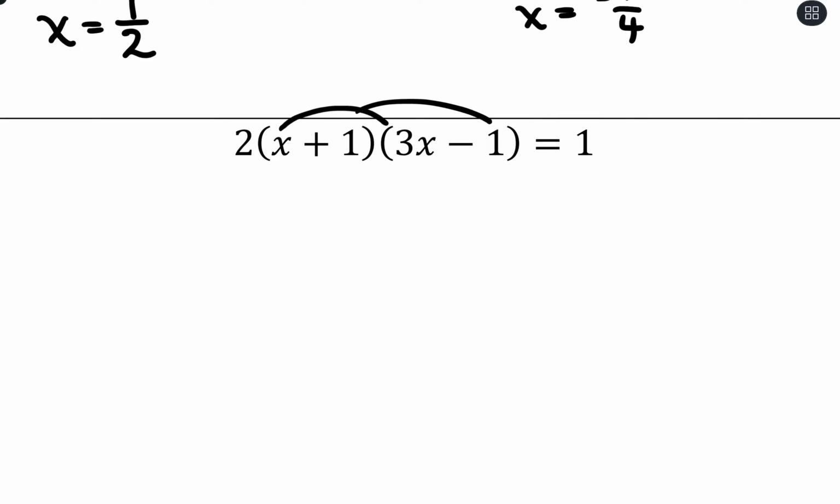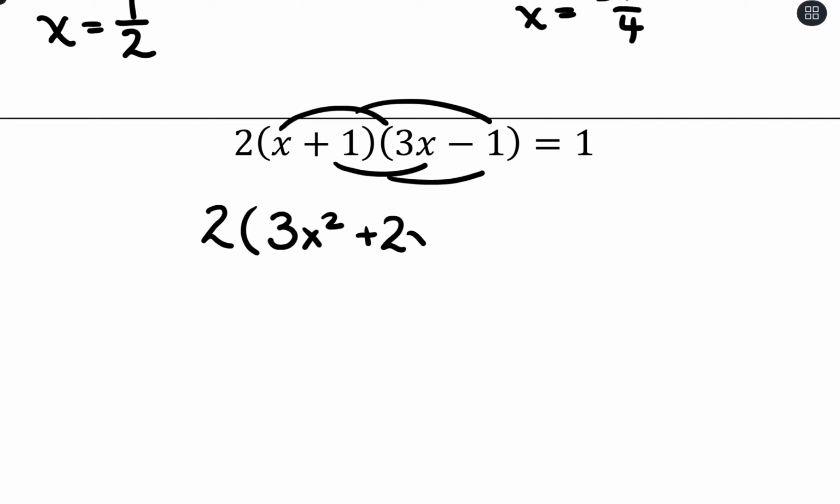So with that, I'm going to FOIL. So I'm going to leave the 2 on the outside, and then I'll have x times 3x is 3x squared, minus x plus 3x, so plus 2x, positive 1 times a negative 1, minus 1, equals 1.